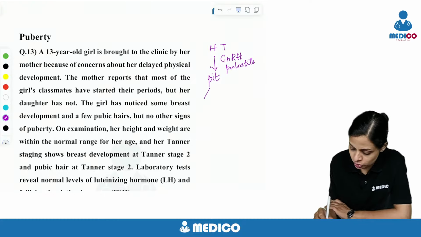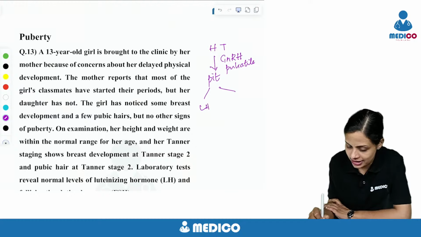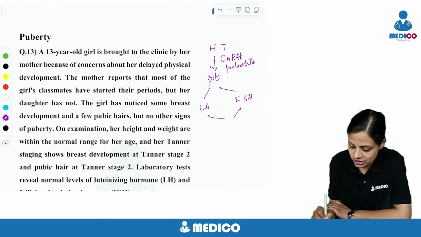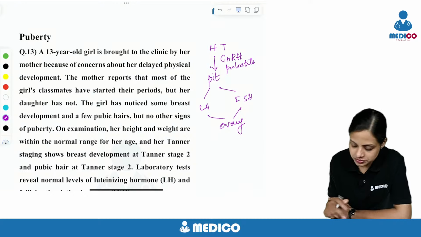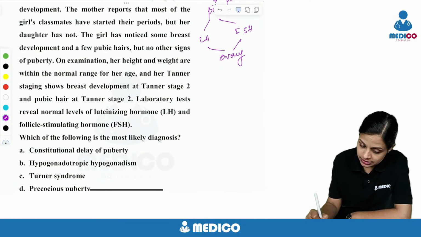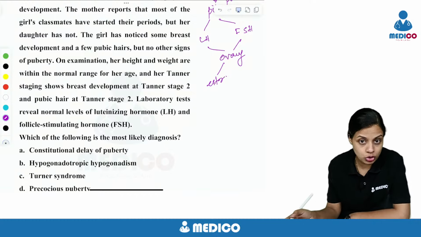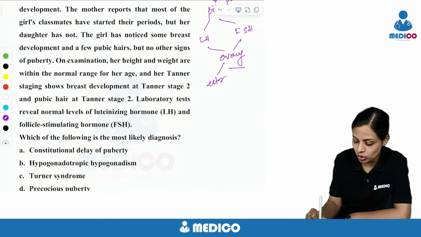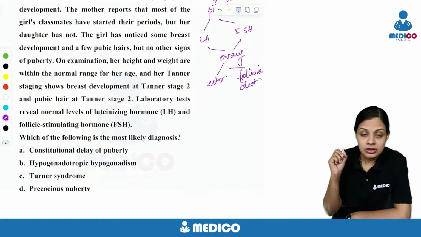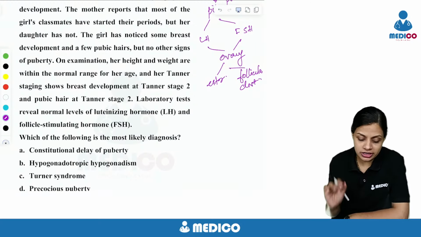What does the pituitary do? It secretes LH and FSH, which act on the ovary. And then from the ovary, estrogen is released, which stimulates growth hormone and further puberty. And there is also follicular development. Clear? So that is how puberty occurs.